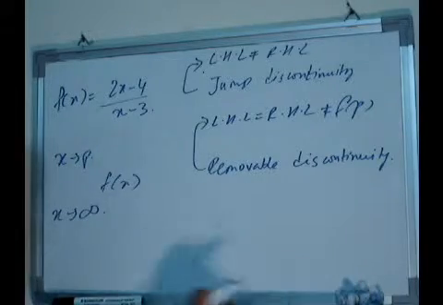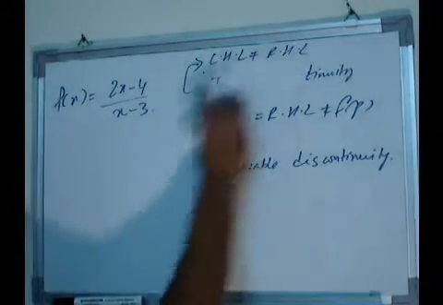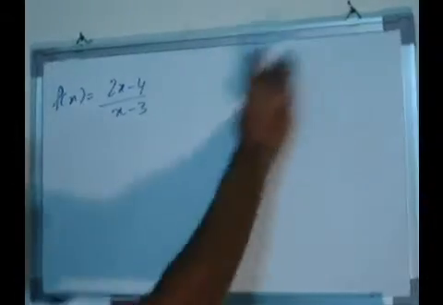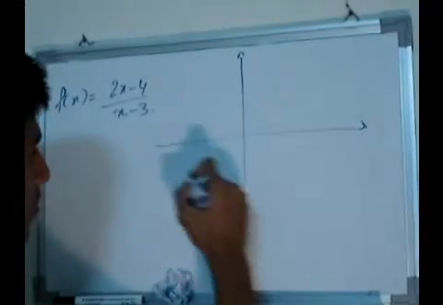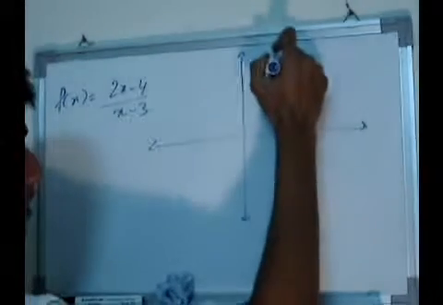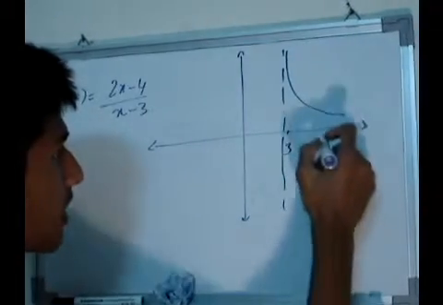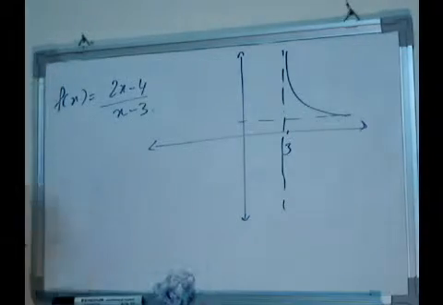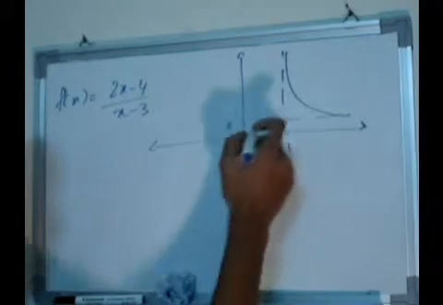So if I draw the graph of this function, it will be evident from the graph of this function that at x equal to 3 we have a vertical asymptote and at y equal to 2 we have a horizontal asymptote.